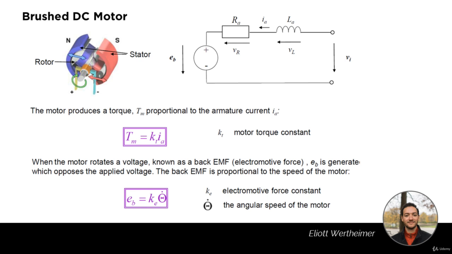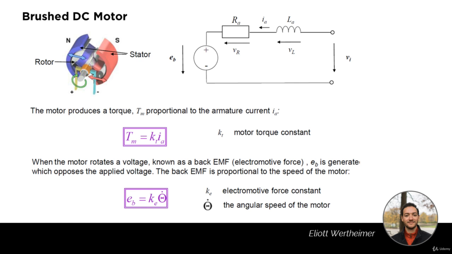The last configuration I want to look at is the brushed DC motor. Essentially, it is a stator and a rotor. Converting that to an electrical circuit, what we get is a voltage source in series with a resistance Ra and an inductor, which is the coil or the armature, La.